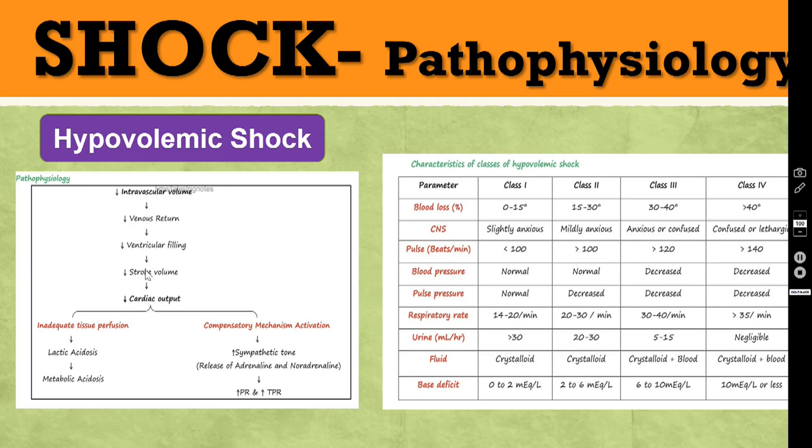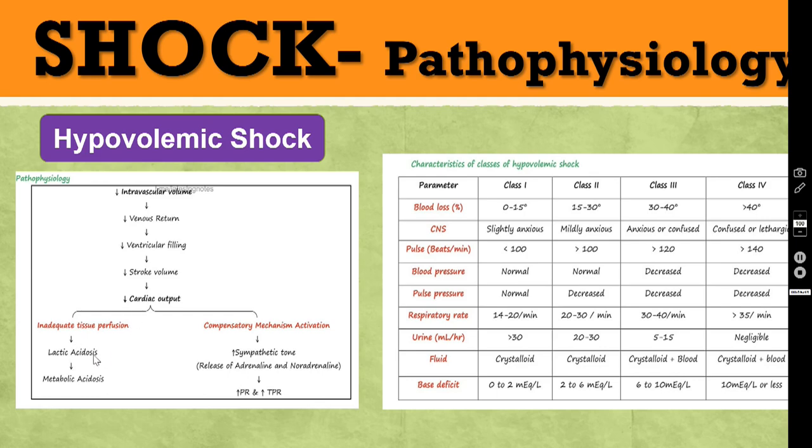Eventually the cardiac output will get decreased, and that results in inadequate tissue perfusion. So that is nothing but the shock, hypovolemic shock. The tissues will undergo anaerobic metabolism, releasing lactic acid, that is lactic acidosis, resulting in metabolic acidosis.